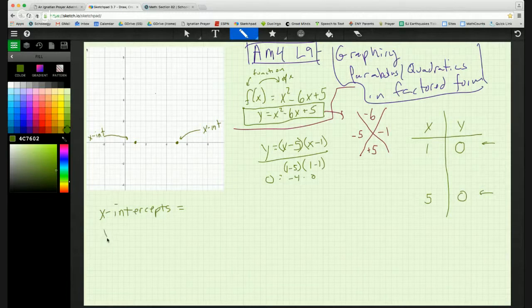They also have a vertex and an axis of symmetry. Well, what do we know about these 2 points here? If this parabola has an axis of symmetry, it has to be right down the middle of these two, because these points will mirror each other.